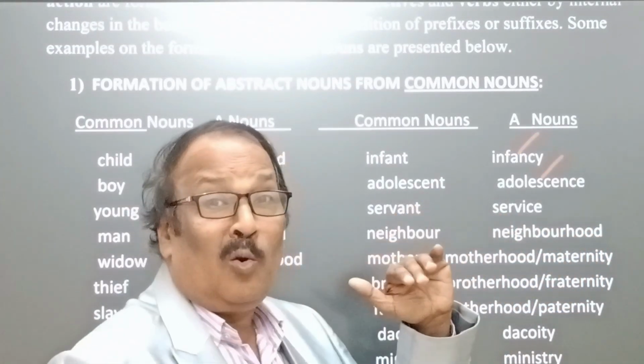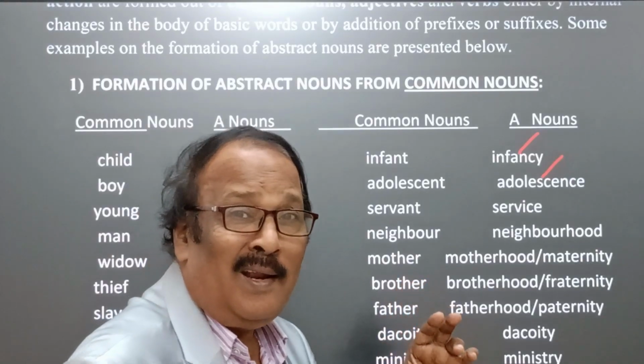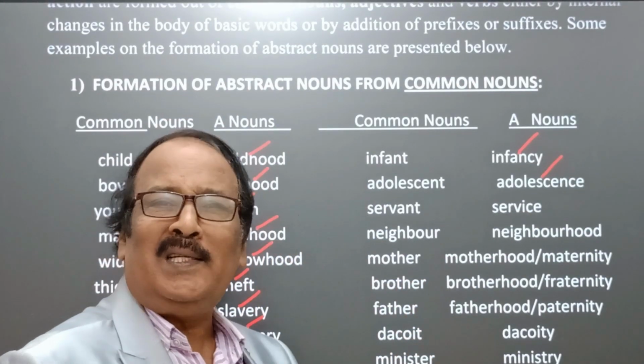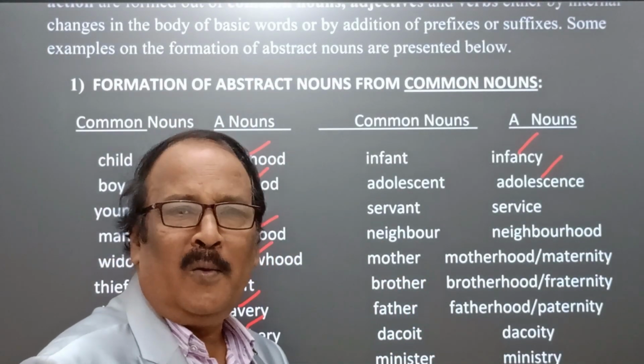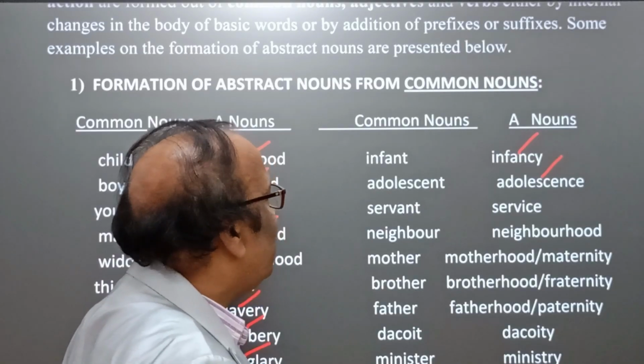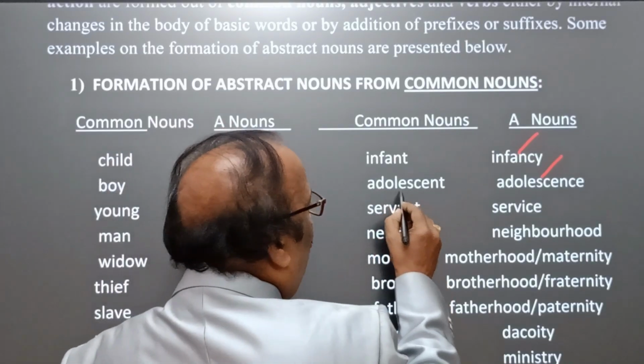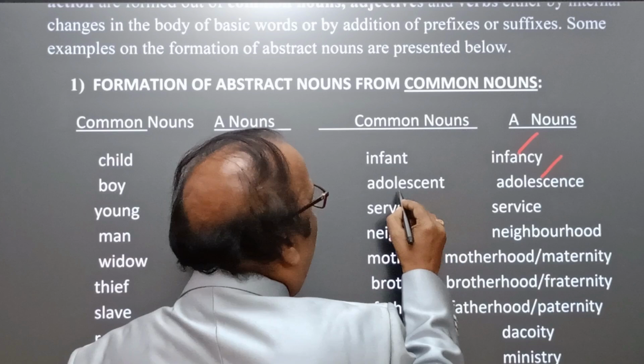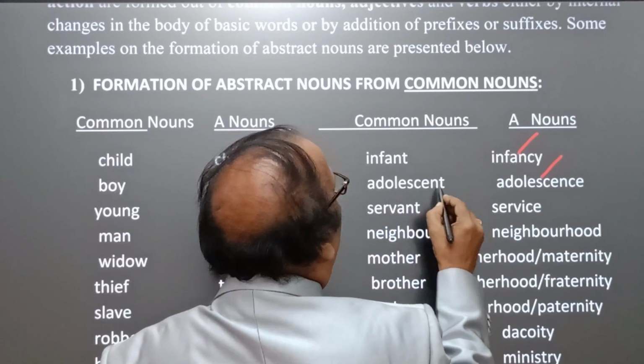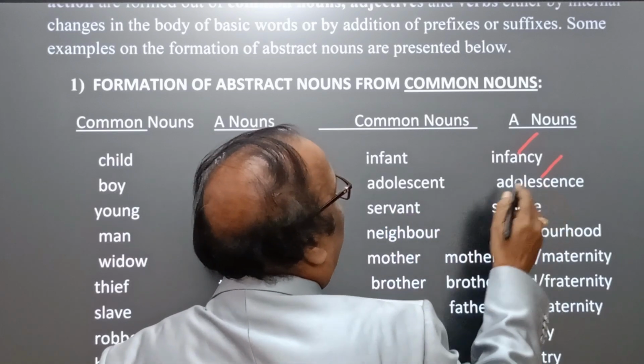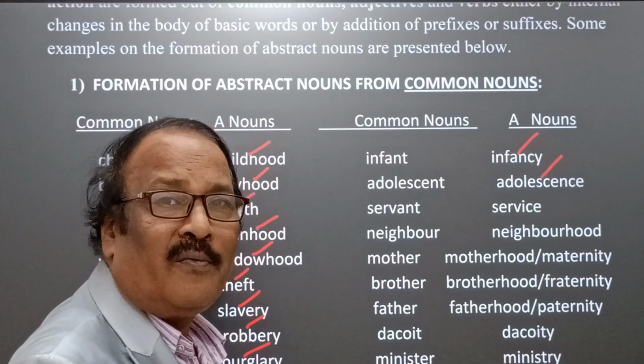This is a very critical and sensitive period of human life. Adolescence comes from adolescent, which is an adjective, but adolescence is an abstract noun.